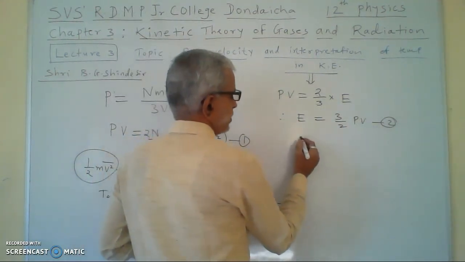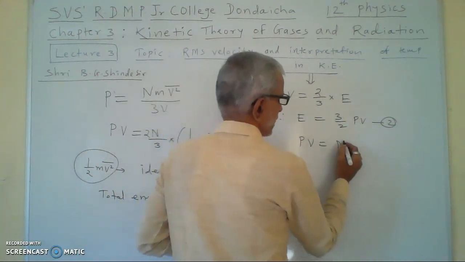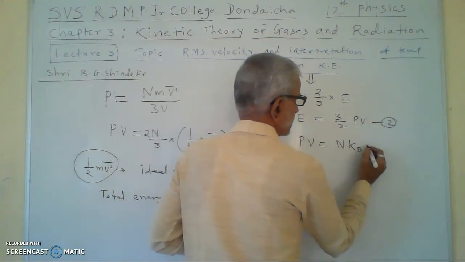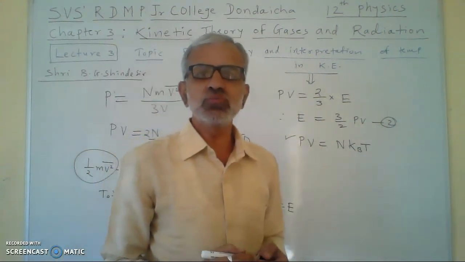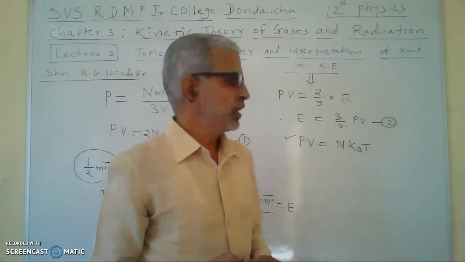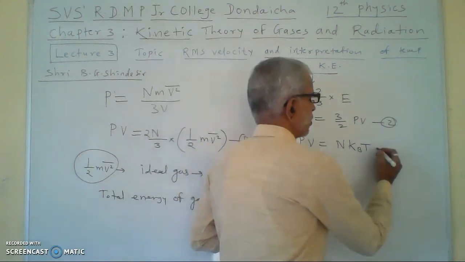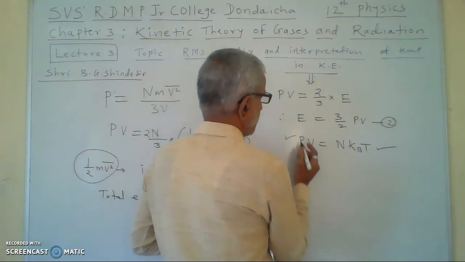Now again use the ideal gas equation, PV equals N Kb into T. This is the ideal gas equation in terms of the Boltzmann constant. This Kb is called the Boltzmann constant. In the first lecture we have obtained this relation. You see that lecture. So put this value here.